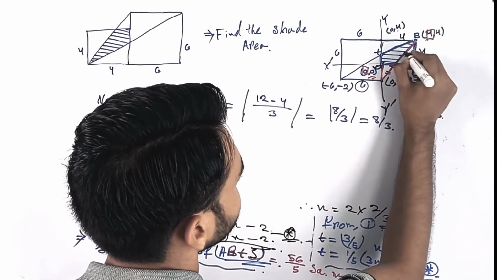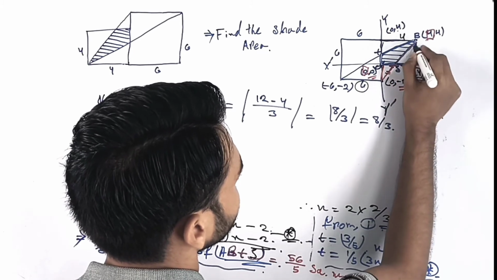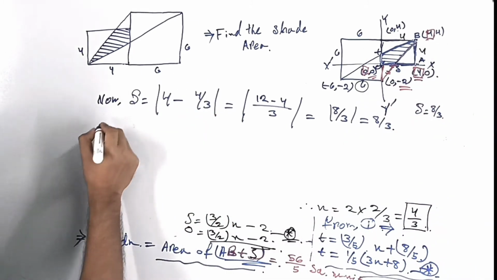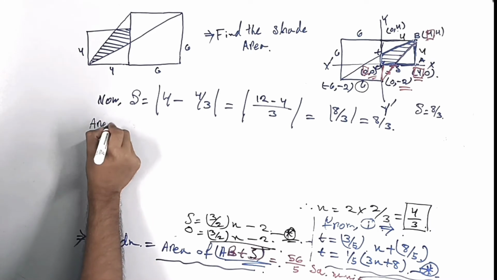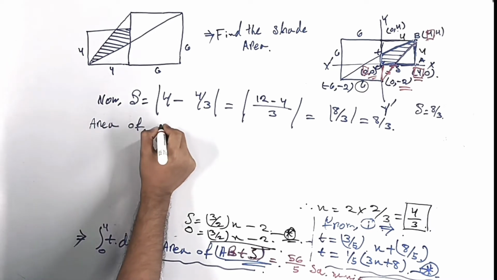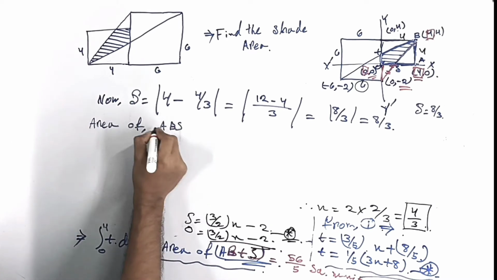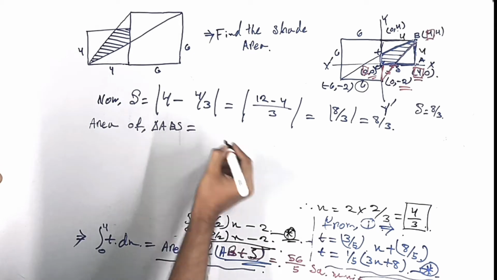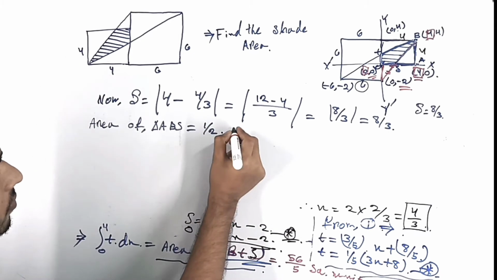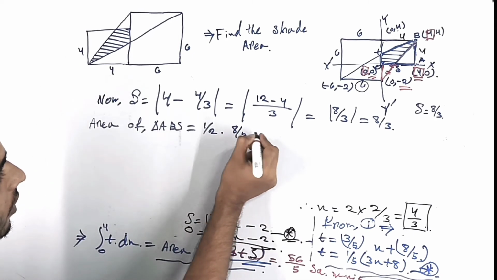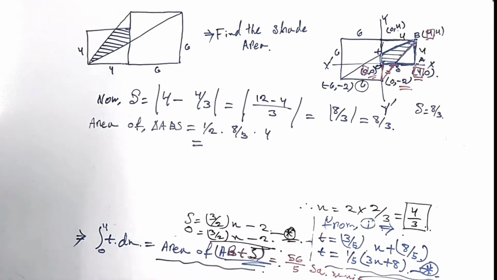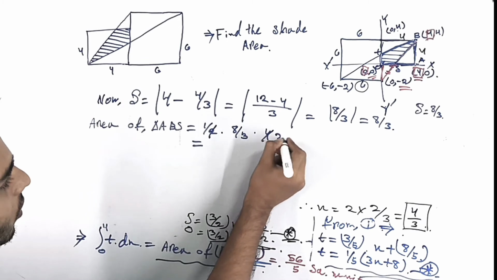And now find this triangle area, that's it, AB of s. So now area of, I write down the AB, which is also a triangle. So now 1 by 2 times 8 by 3 times 4, that's equals, you know from this, 1 by 2 times 8 by 3 times 4.